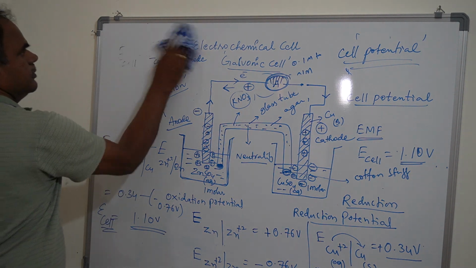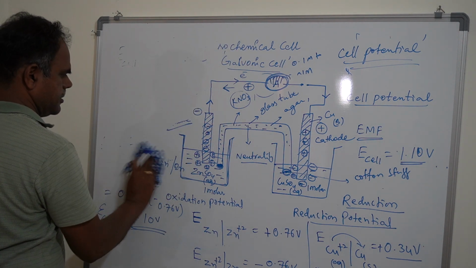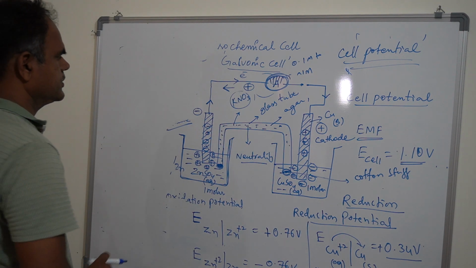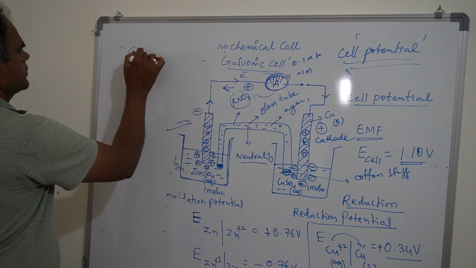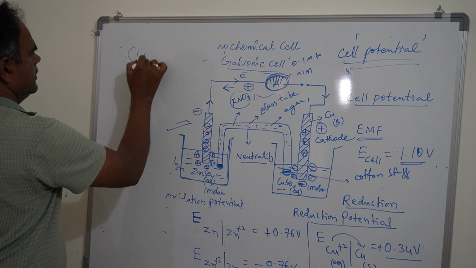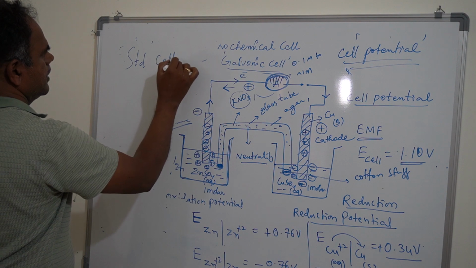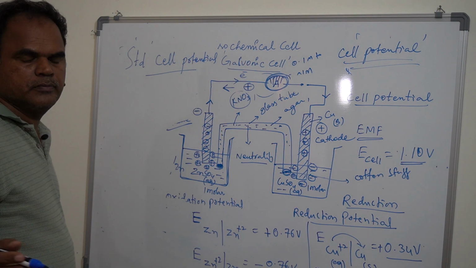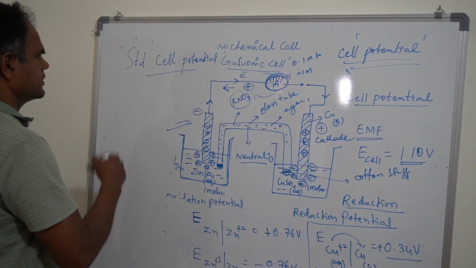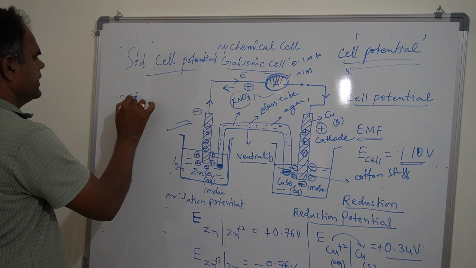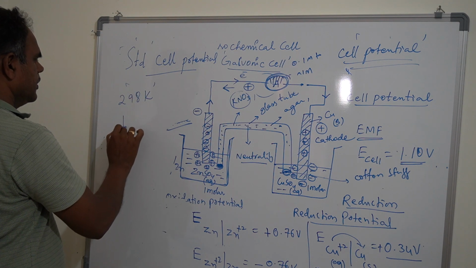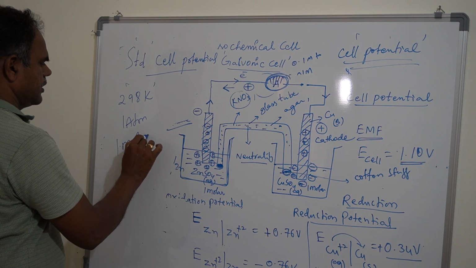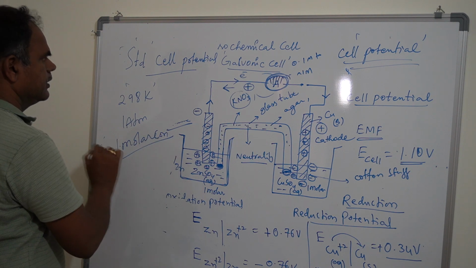Okay, so now we talk about standard cell potential. What is a standard cell potential? As I was saying about standard conditions, what are the standard conditions? 298 Kelvin temperature, 1 atm pressure, and 1 molar concentration of solutions.